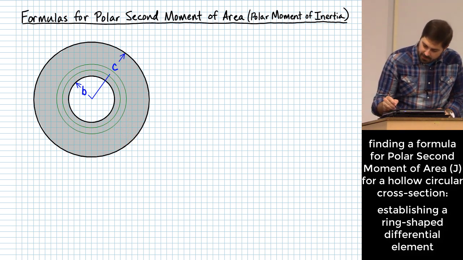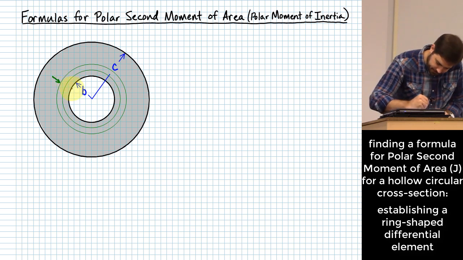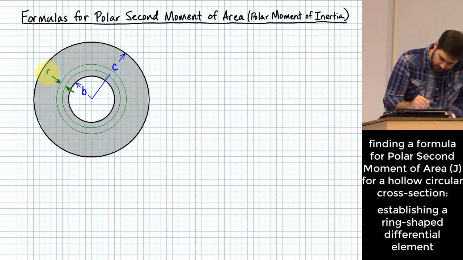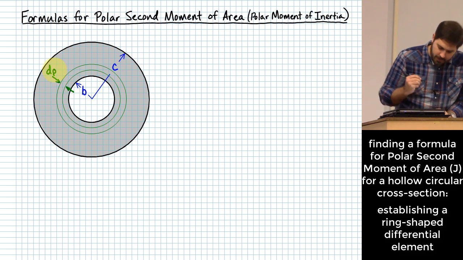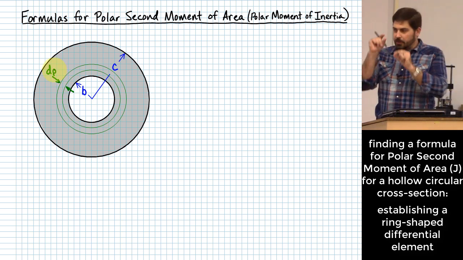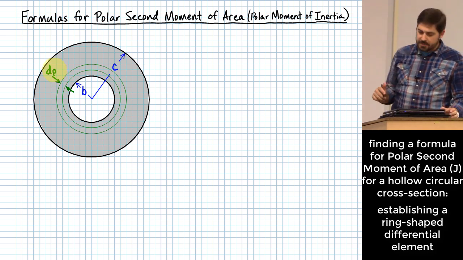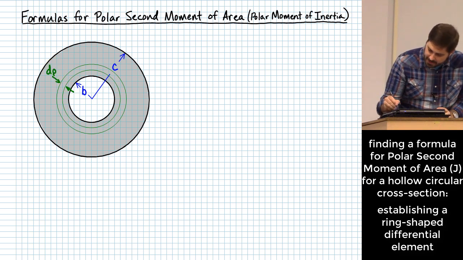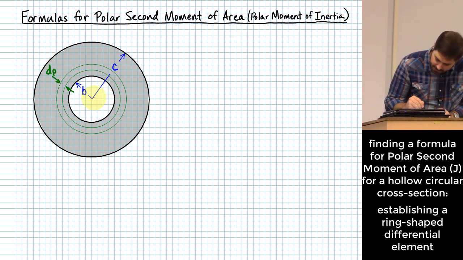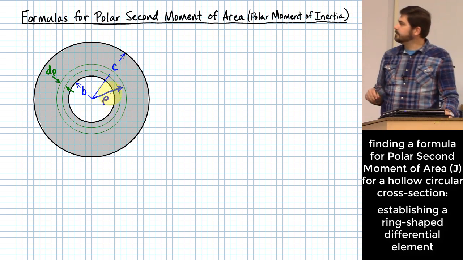It's going to have a width, like I said before, of d rho. That's the little width of this little donut of material. We're going to say that it is located at a radius of rho.